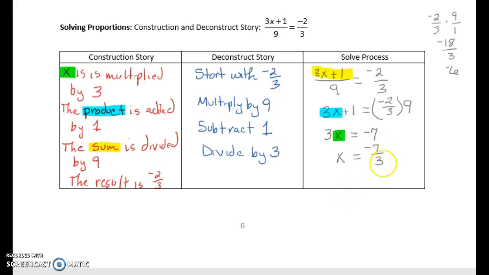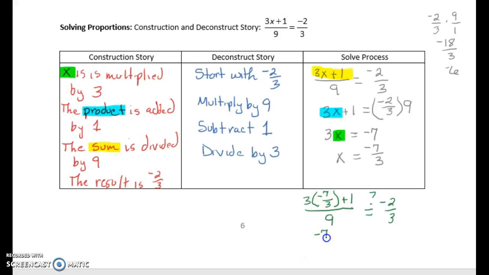And now we're going to take the negative 7/3 and plug it back in and make sure that we have the correct answer. And so we have 3 times negative 7/3 plus 1, divided all of that by 9, and hopefully, if we did everything correctly, it is going to equal negative 2/3. And 3 times negative 7/3 is negative 7.